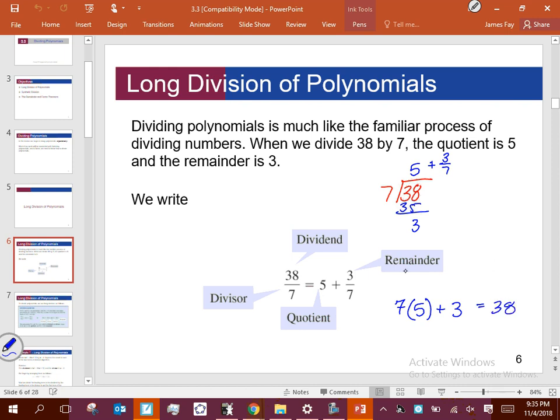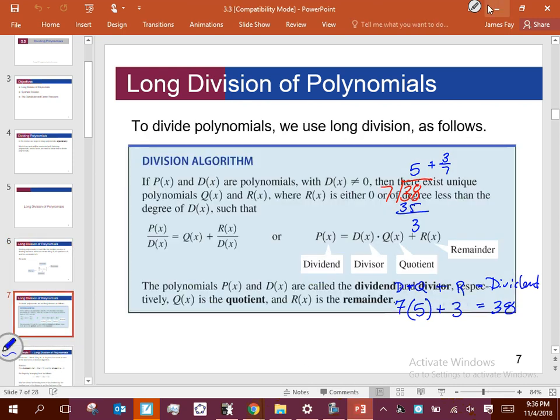So this was the divisor times the quotient plus the remainder should then equal my total, or maybe write it this way, my dividend. But that's something that we've known from forever, I guess, in regards to mathematics, and doing that in 3rd, 4th grade. But now we're going to move that over to dividing with polynomials.